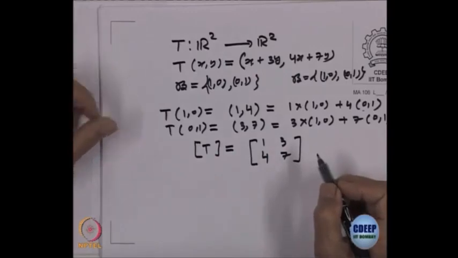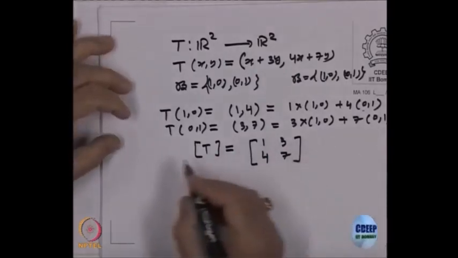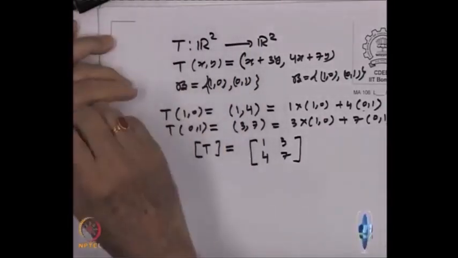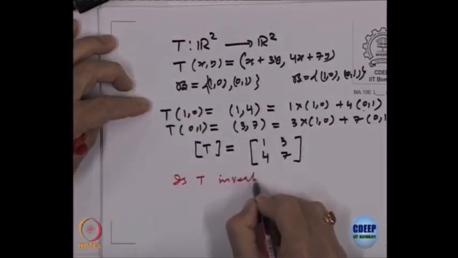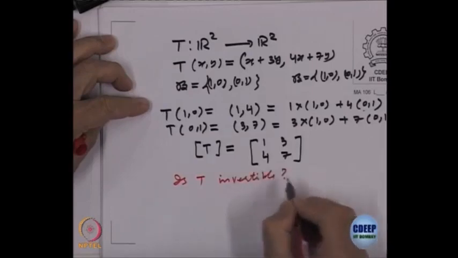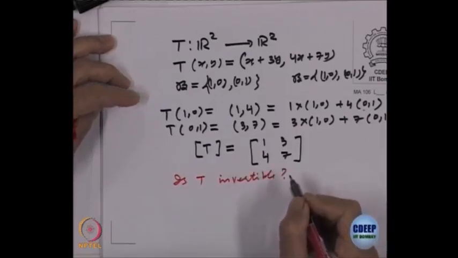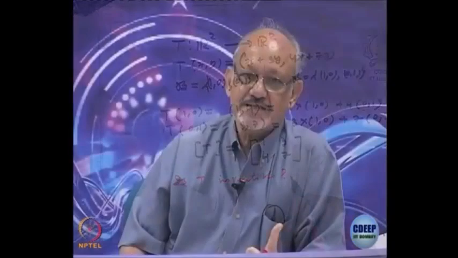So, now I want to check whether T is invertible or not. So, question is, is T invertible? How do I check? Either I can check the kernel of T is just 0, or by rank-nullity the range is the column space and has dimension 2, or the determinant, which is going to be very useful.